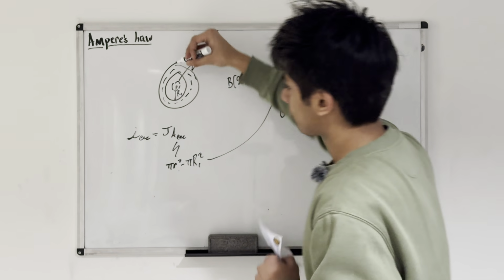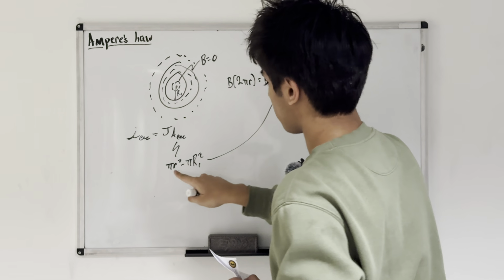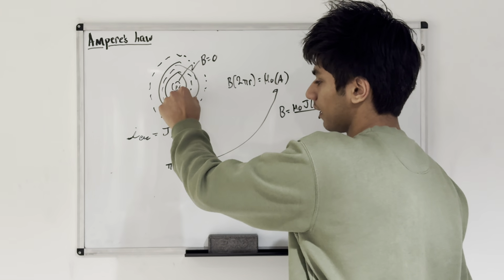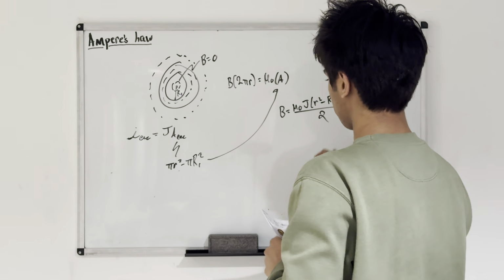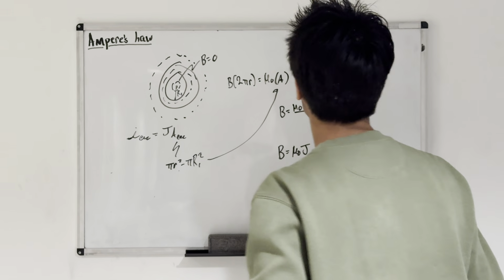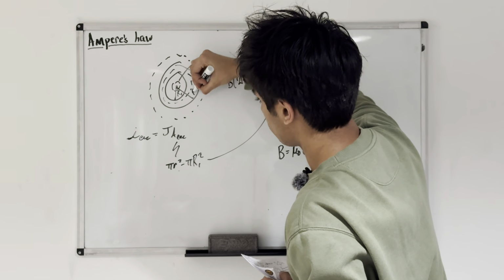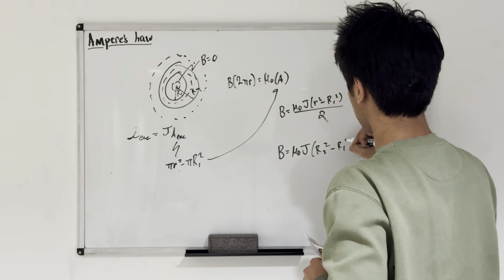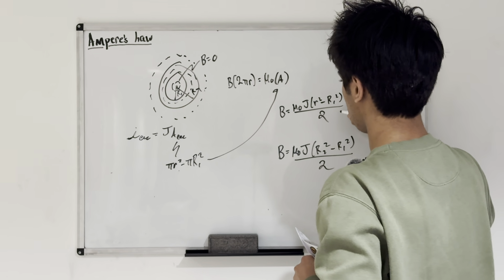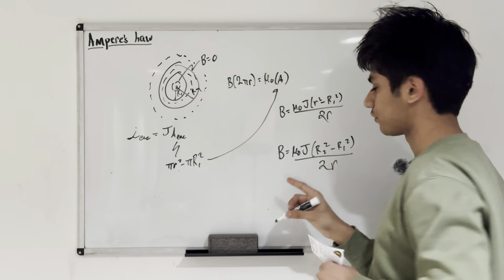Okay, and then the same thing for the outer loop, except now instead of pi r squared minus pi r1 squared, we want to figure out just the current in this area. So we're just going to change it into r2 squared, calling this r2, minus r1 squared, divided by 2r.